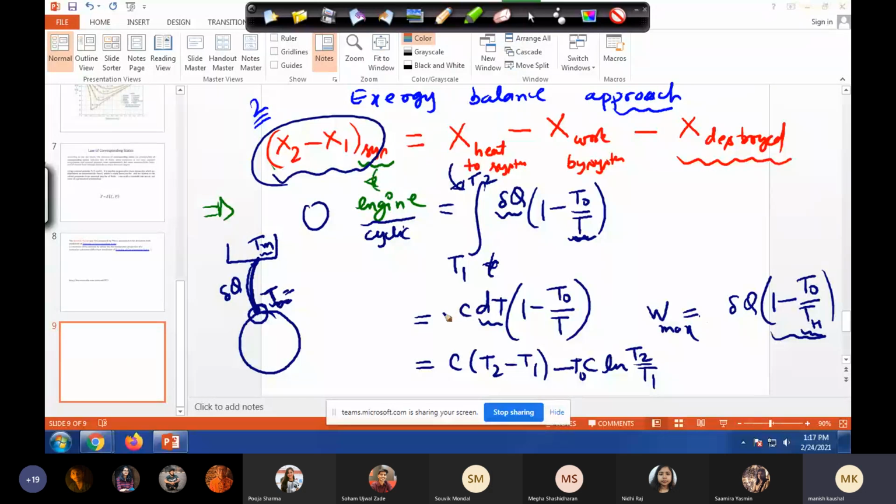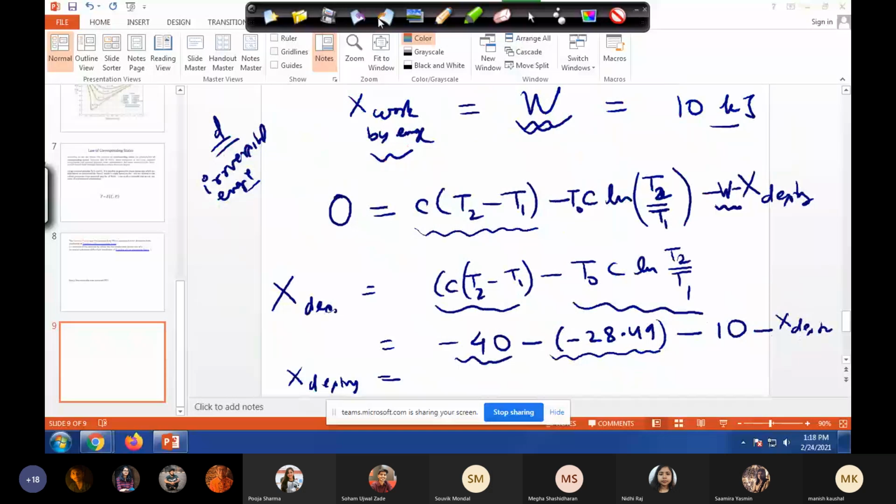So what should we put here? Minus C dT. Okay. So minus, and this will be then plus. Anyone has any comment? Because see, dT we say final minus initial, but we know that it should be a positive sign because we are giving exergy to the engine, which is our system.